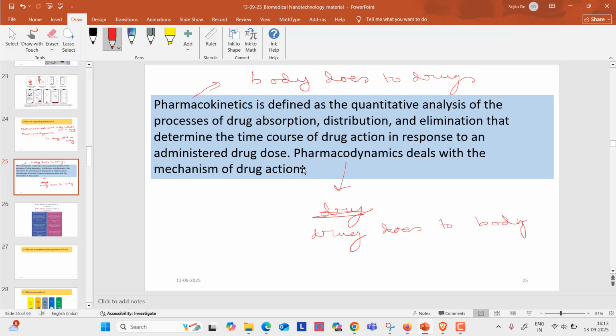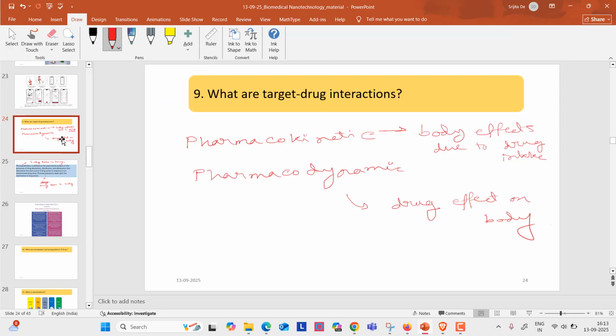This vice versa study is called pharmacokinetics and pharmacodynamics. Pharmacokinetic interactions are based on absorption, distribution, biotransformation, and excretion.